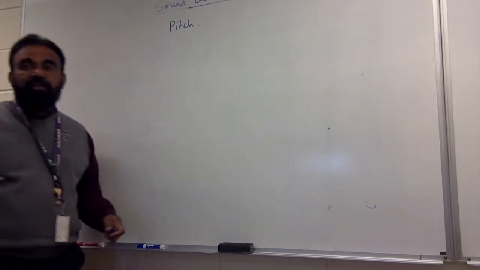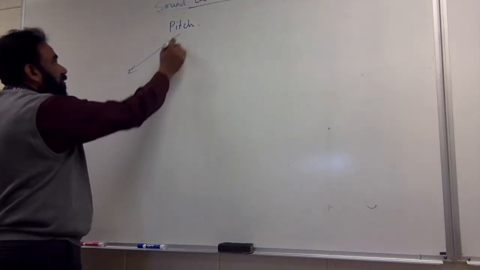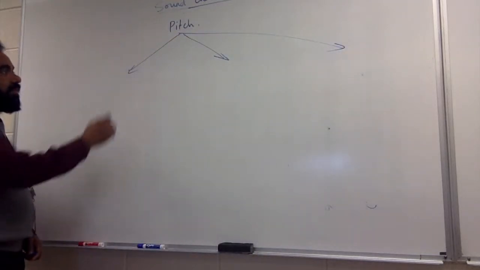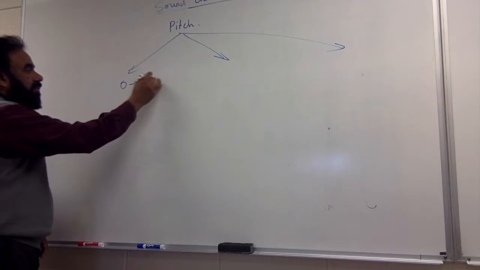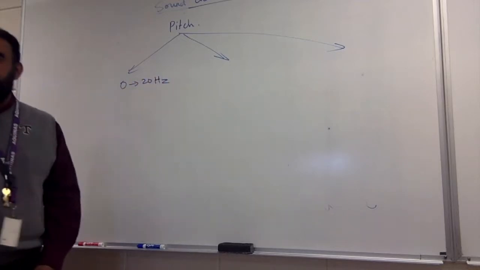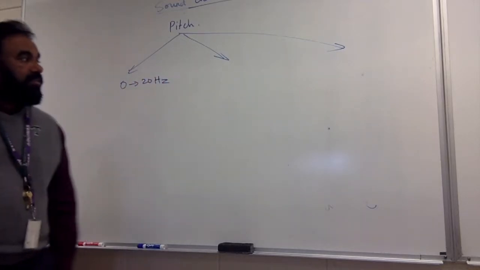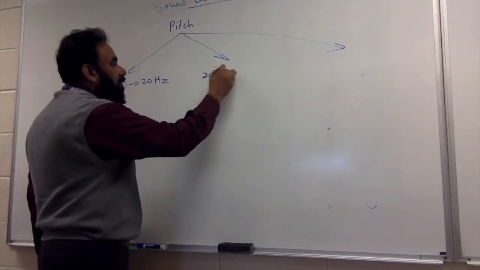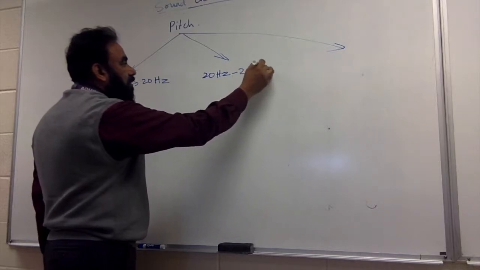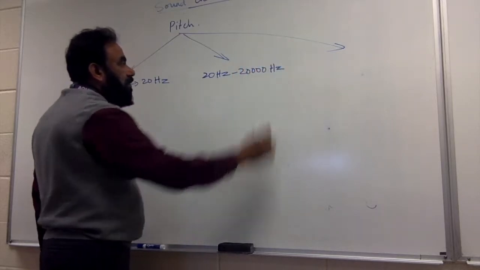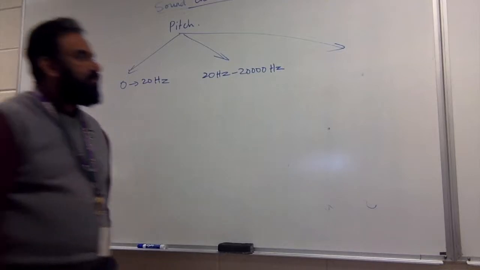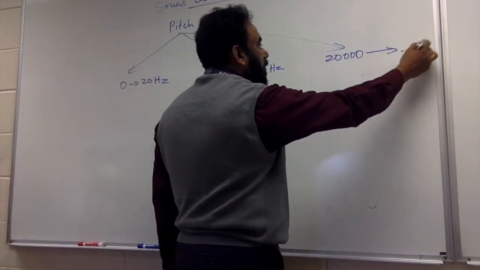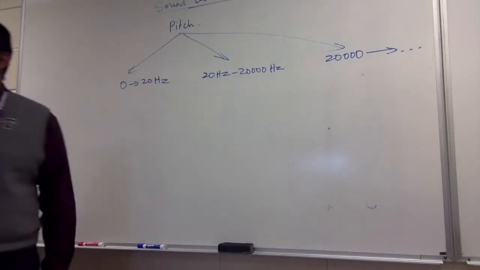Now the pitch, which depends on frequency, is classified into three main classifications. 0 hertz to 20 hertz is your first classification. 20 hertz to 20,000 hertz is the next classification. 20,000 hertz and above is our third classification.